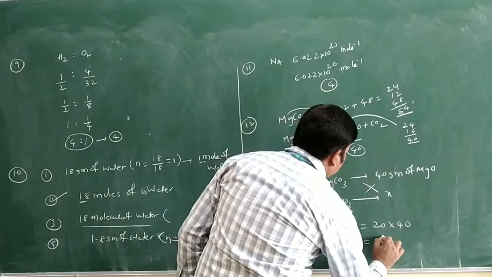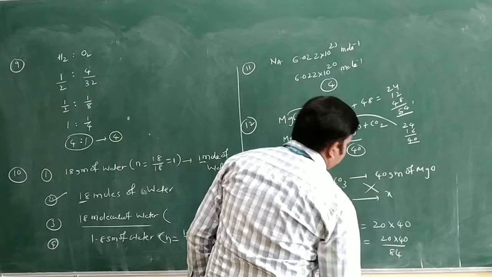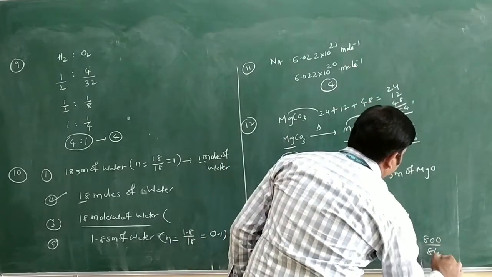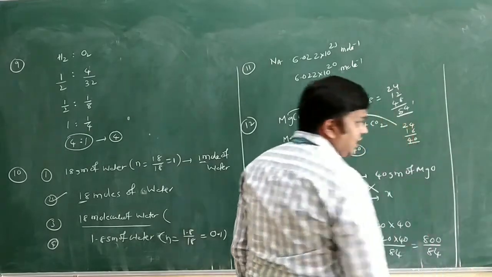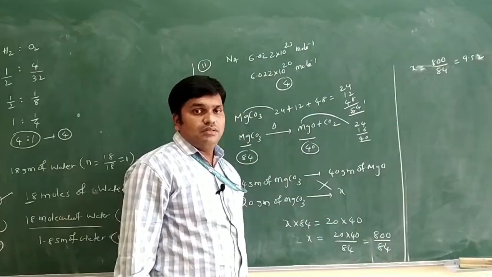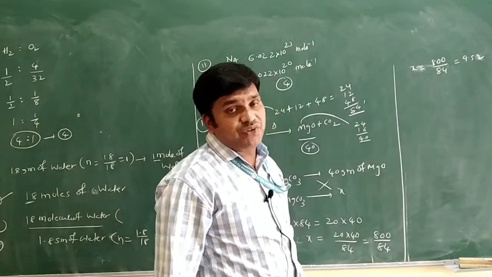X is equal to 20 into 40 by 84. What will you get? 800 by 84, approximately you will get 9.52.